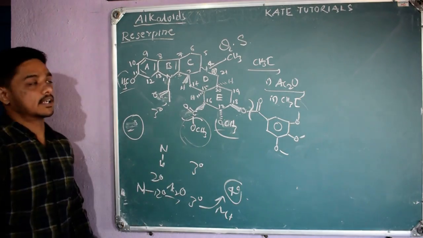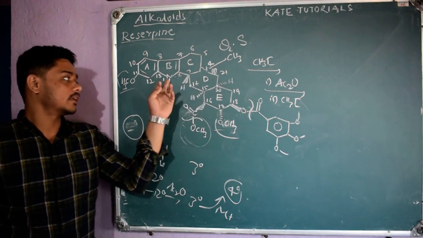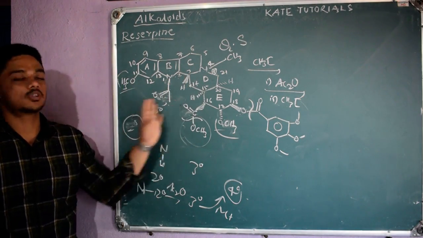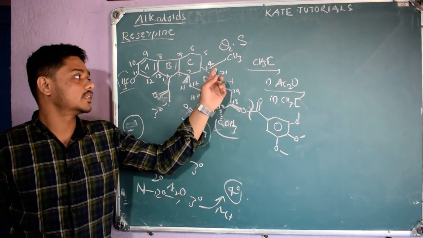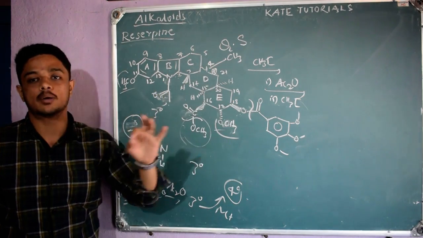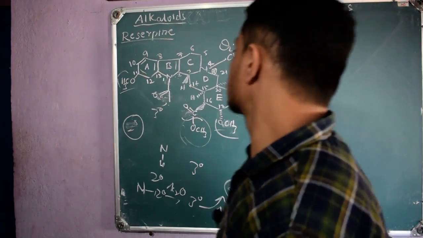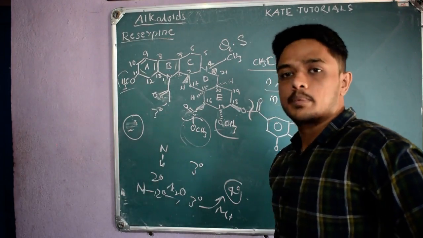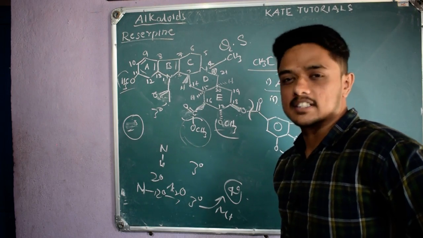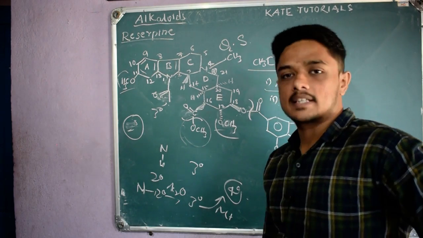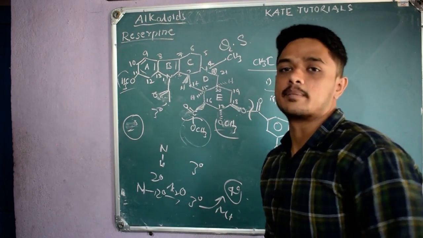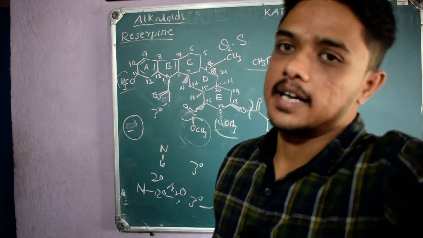But that was not the case. Both the nitrogens reacted. The first nitrogen reacted here. Further, because of steric hindrance, it couldn't react. Only this nitrogen reacted to form the quaternary ammonium salt. So these were the few reactions which we discussed, and all those things we have studied. I hope you understood the structure of Reserpine, Reserpic acid, and everything. In the next class, let us see how we synthesize this Reserpine in the lab. Till then, take care and have a great day.